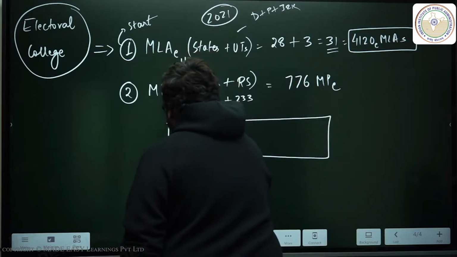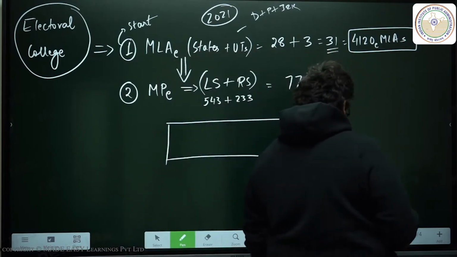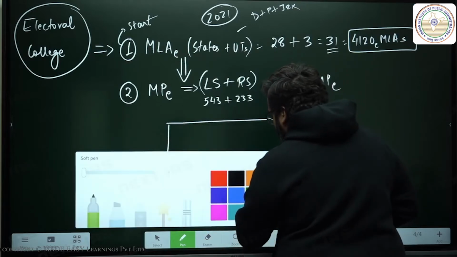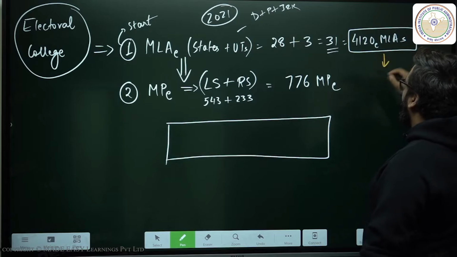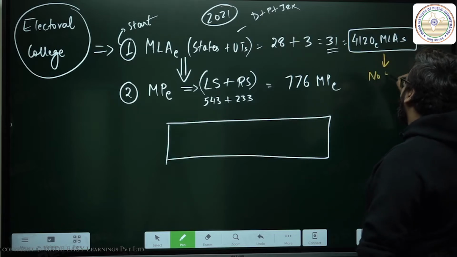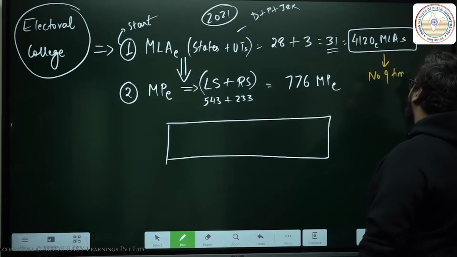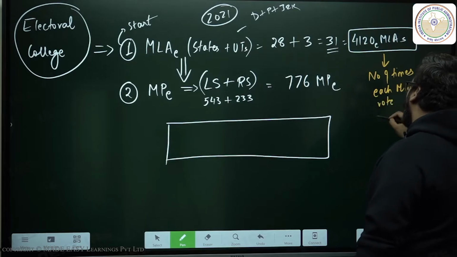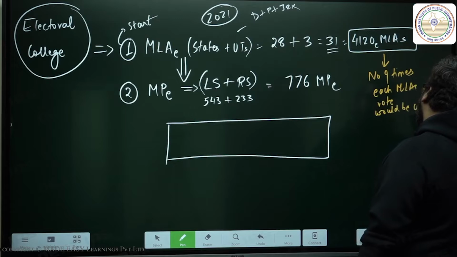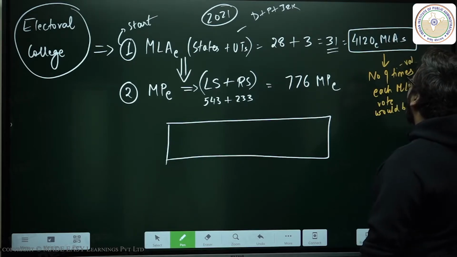Now, we will have to calculate the number of times each MLA's vote would be counted, because we are using a value vote system.